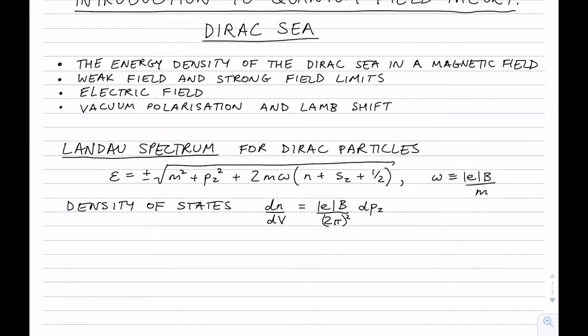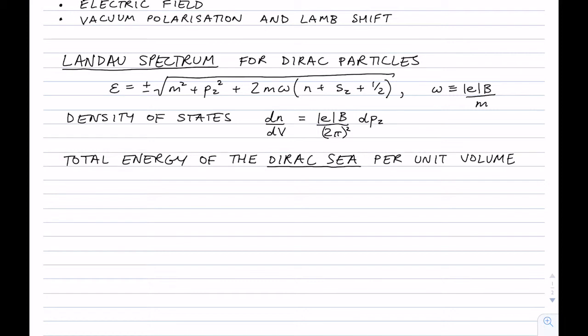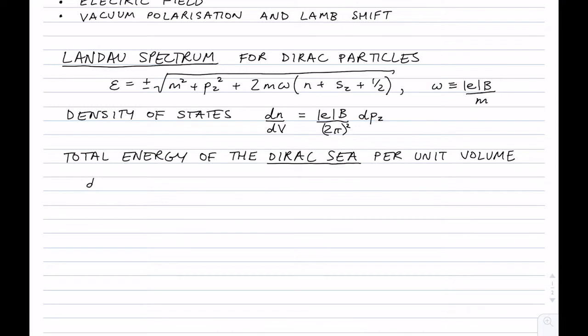Then we want to know, what's the total energy of the Dirac Sea per unit volume? You remember the Dirac Sea is made up of all the completely filled negative energy states in the Dirac equation. I'm also going to take a little liberty and start writing the absolute value of E as E itself, because I'm going to get bored of writing the absolute value all the time.